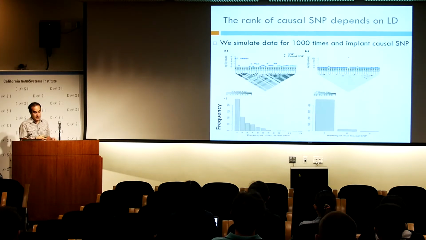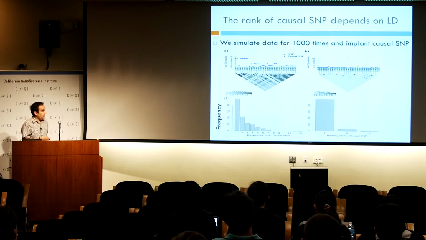How often does that happen? In these two regions, we randomly picked one variant to be causal, simulated the statistics, and saw how often that variant is ranked at the top. We repeat this many times.